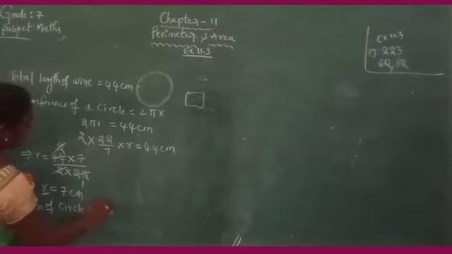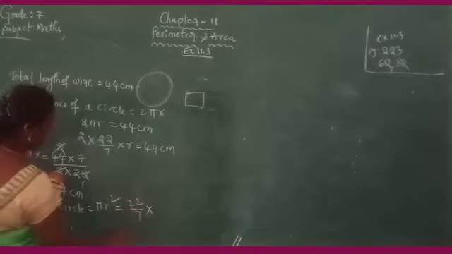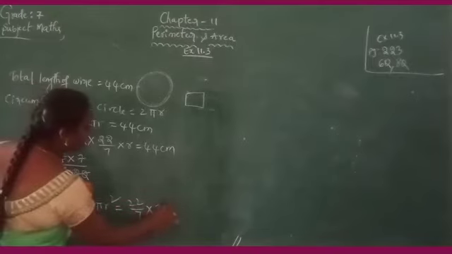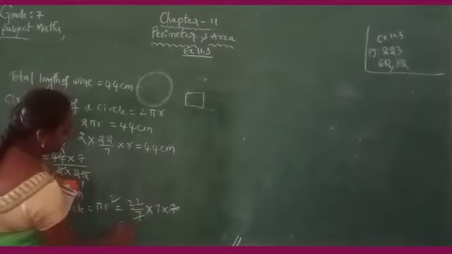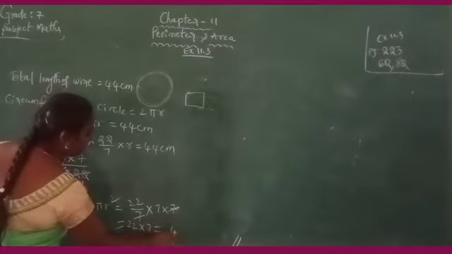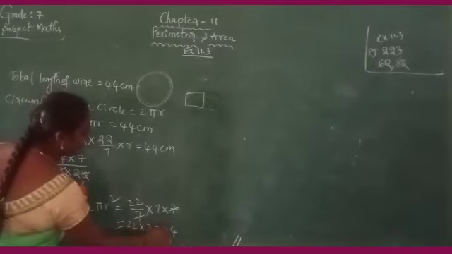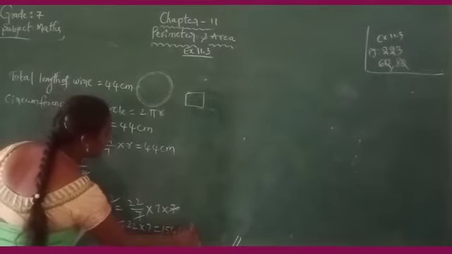Area of circle is pi r square. Pi value is 22 by 7 and radius is 7 into 7. Then 22 into 7 is equal to, 7 twos are 14, 7 twos are 14 plus 1, 154 centimeter square.